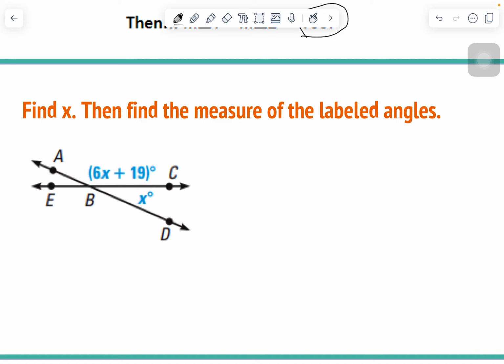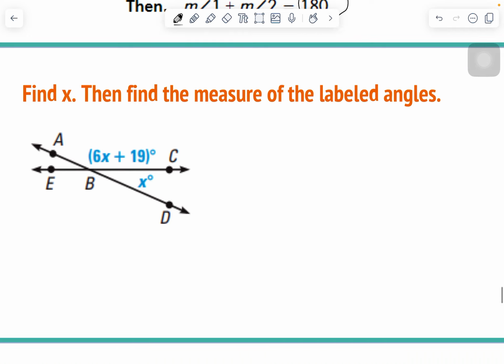Now here, find x. So find the measure of the labeled angle. So you have here 6x plus 19 and x. If you have observed, they form a linear pair. So if that's a linear pair, they have a sum of 180.